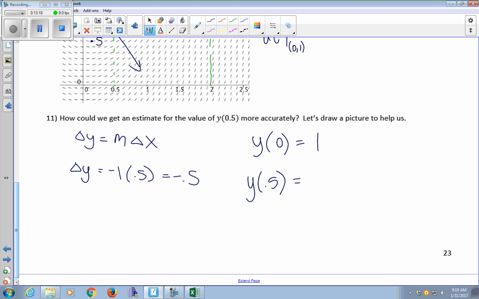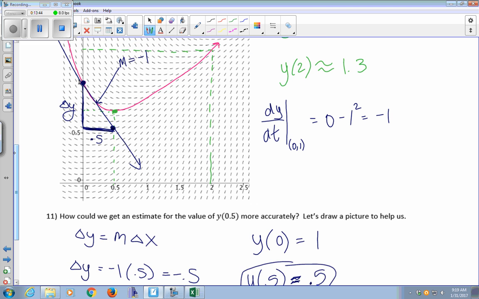I was at 1 and I changed by negative 0.5, so my new y is 0.5. Now this is all approximate because I'm using a tangent line approximation to figure out these values. Okay. So it's close-ish to my visual approximation of 0.8. So this is just a more numerical way of doing what we did when we followed the slope field. Okay, which part?